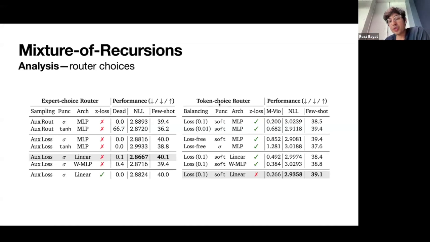Similarly for the token choice, we have gone through different architectures, activation functions, and different ways to solve the load imbalancing issue. But eventually we found that having an expert choice router with auxiliary loss is more balanced compared to token choice routing. So we picked expert choice with auxiliary loss instead of having an auxiliary router.